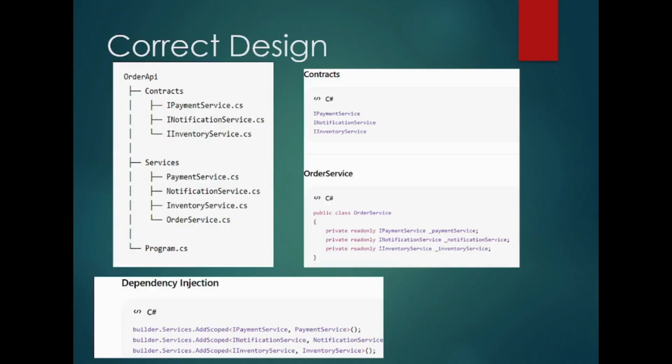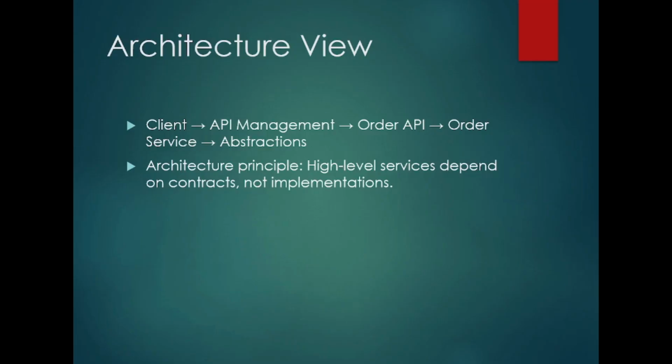So that when the payment service is injected, the payment service will be invoked. When notification is injected, notification service will be invoked. When inventory, then inventory service. The client API we will do in the future, but we have done here order API to order service to abstraction.